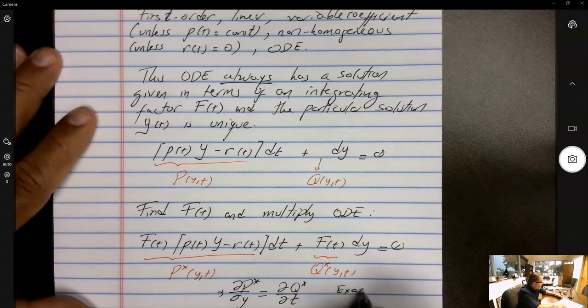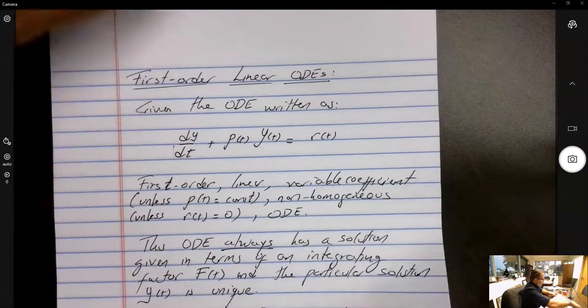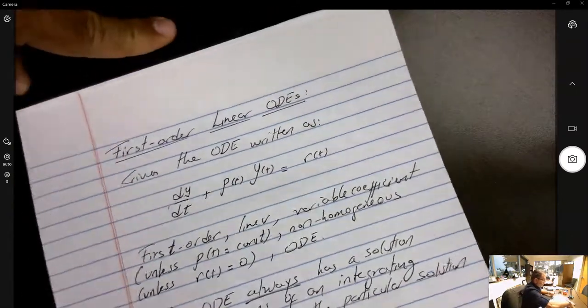So now it becomes exact. And it turns out that for these types of equations, f of t is always available. Now, let's try this.